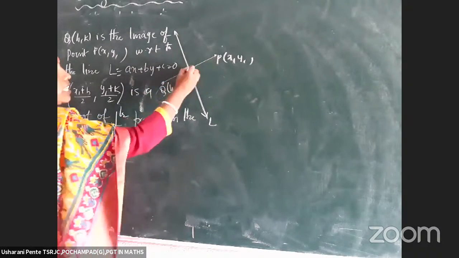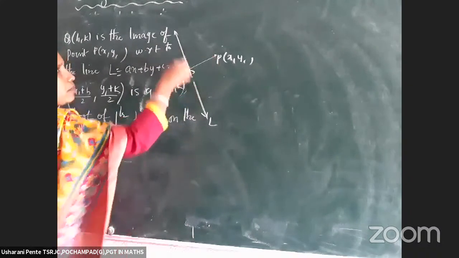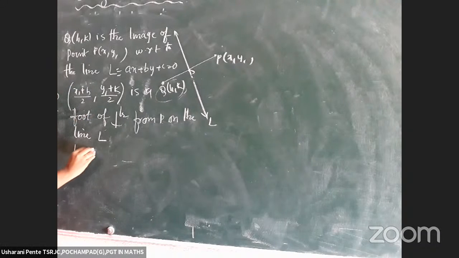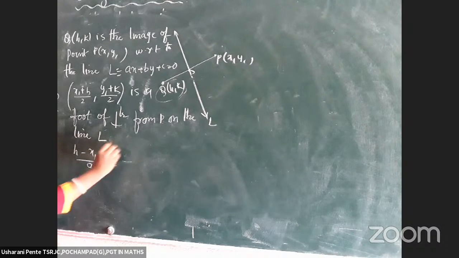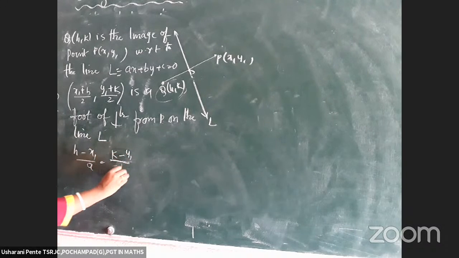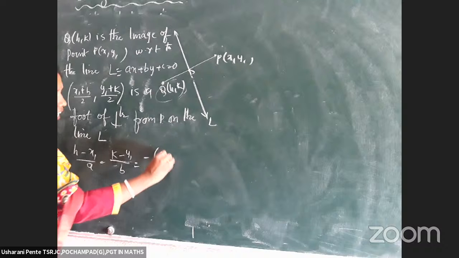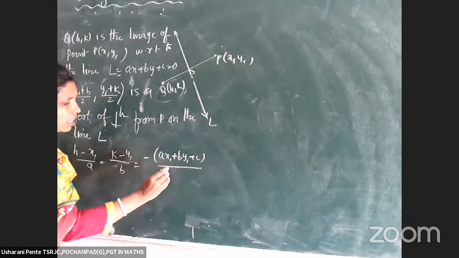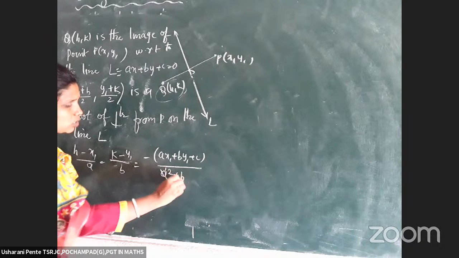We know the foot of the perpendicular from the point to this line is (h minus x1) by a equals (k minus y1) by b is equal to minus (ax1 plus by1 plus c) by (a square plus b square).